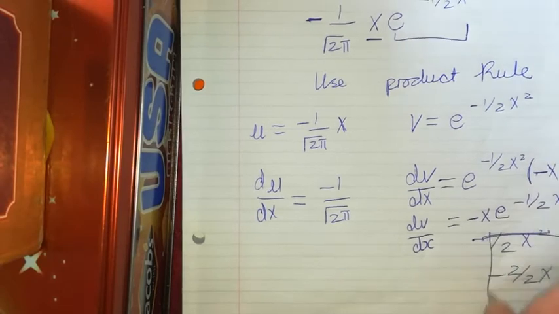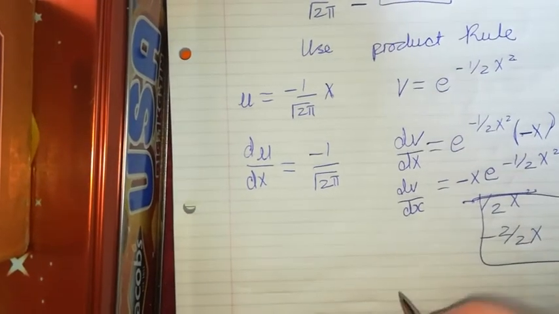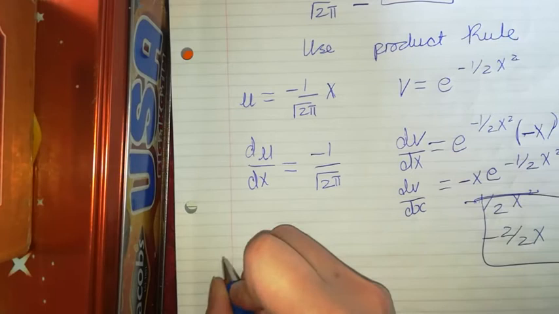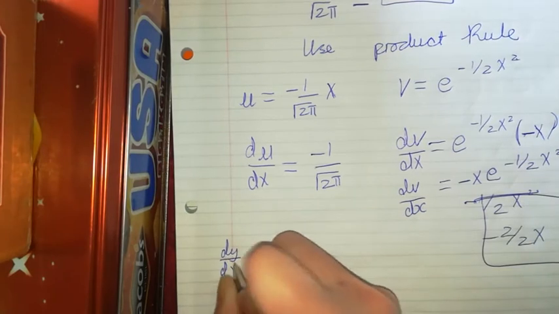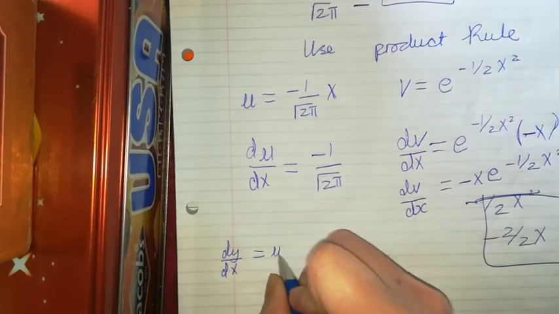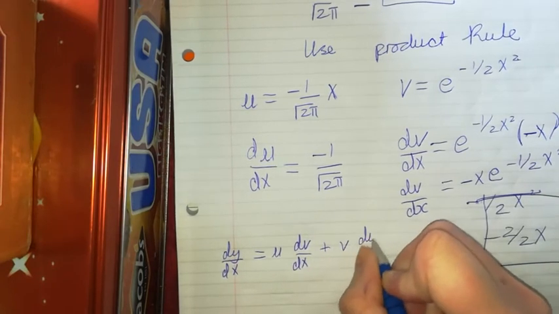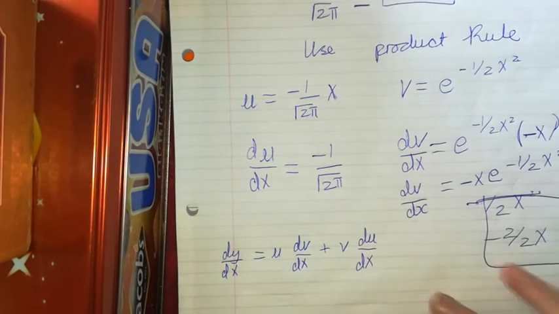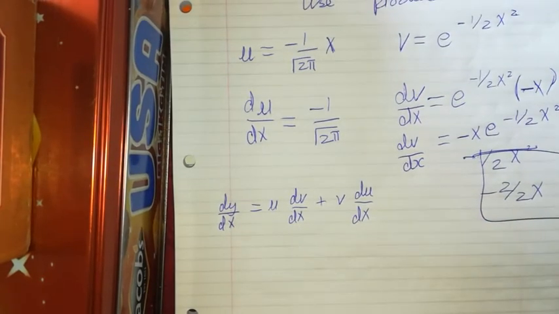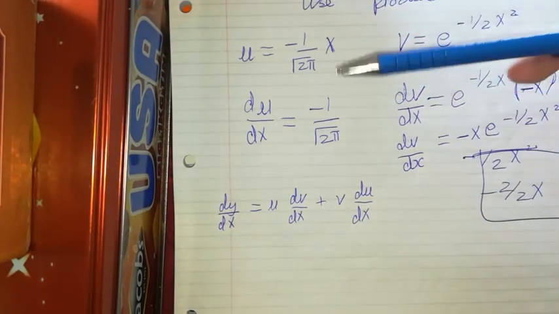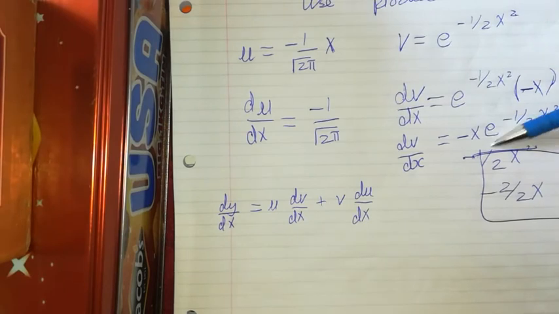So this part is just a bit on the side. Now I have to plug it in. My product rule is dy dx is equal to u dv dx plus v du dx. I already figured out my u, my du dx, my dv dx and my v.